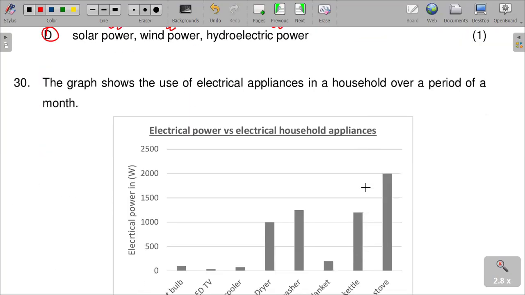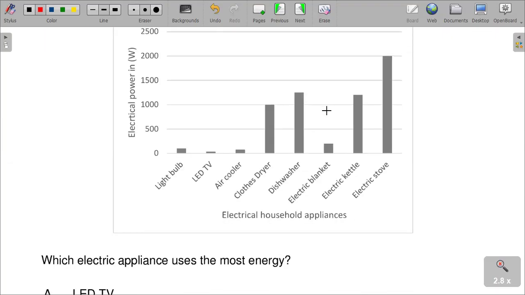Number 30, the graph shows the use of electrical appliances in a household over a period of a month. We have the different appliances there: air cooler, clothes dryer, electrical blanket, electric stove.